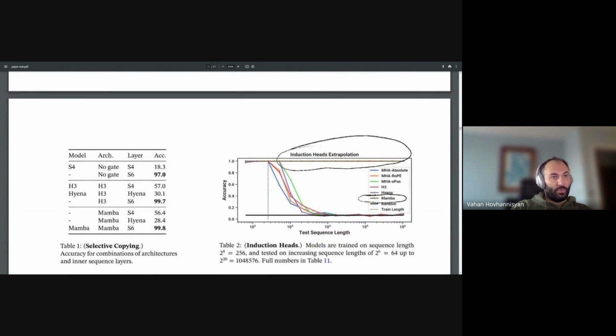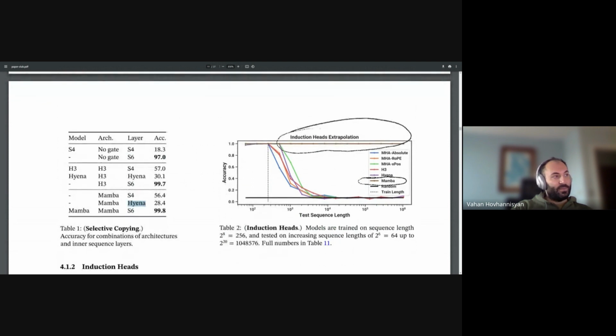What is more important, you can see up here, is adding the S6 layer, right? This is the main layer in Mamba. Whenever you add this, model performance jumps to almost perfect. If you have Mamba but with other bits and not this layer, there is basically no improvement. Okay. So this shows that taking into account the input is very important.